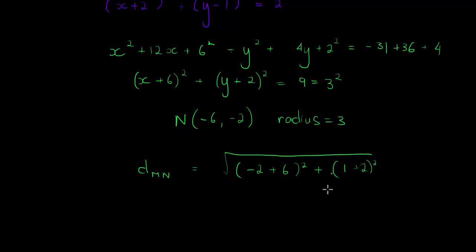This is 4 squared plus 3 squared, which is 16 plus 9 is 25, so the square root of 25 is 5. You'll notice it's 3 marks: 1 is for the formula, 1 is for substitution, and 1 is for the final answer.